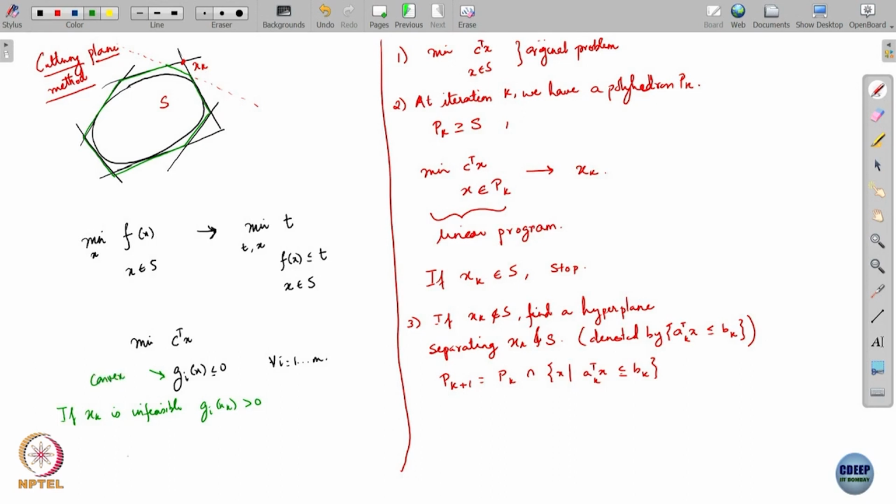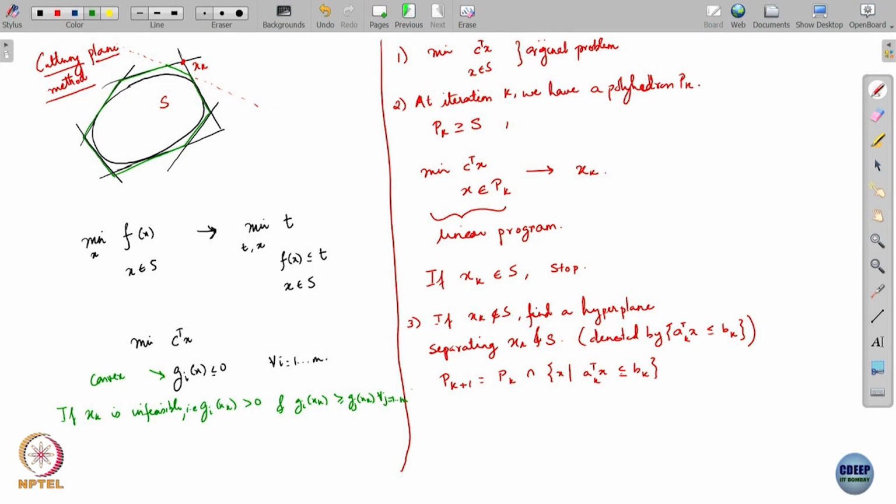So, if x_k is infeasible, that is g_i(x_k) is greater than 0, and let us suppose you choose the i which is most infeasible, that means g_i(x_k) is greater than or equal to g_j(x_k) for all j going from 1 to m. All right. So, this is the most infeasible one out of these, right.